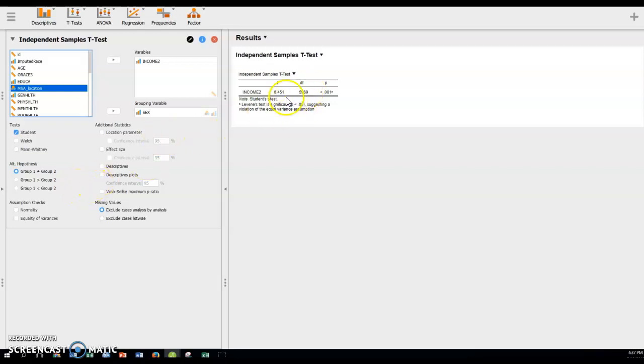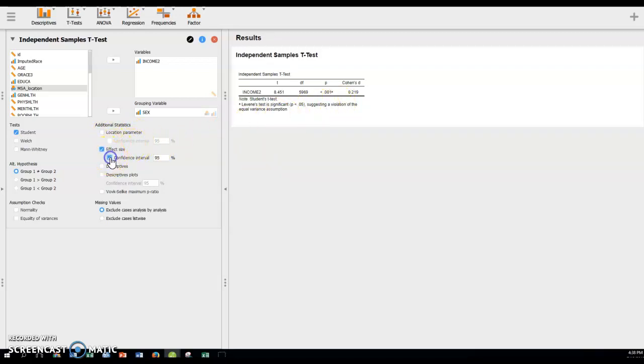And maybe we don't want to just see statistical significance, we want to see some effect size here, so we grab a Cohen's d. This is telling us on our income variable, the men are on average making 0.2 standard deviations on this scale more than females, which would be maybe a low practical effect, a real rough way of looking at it.